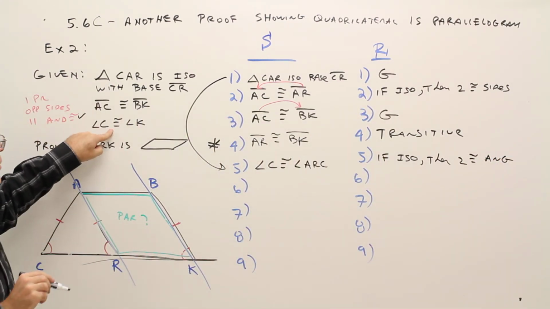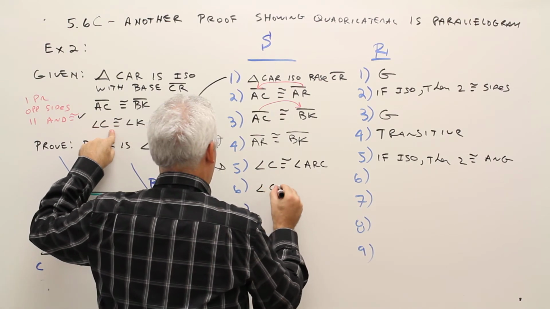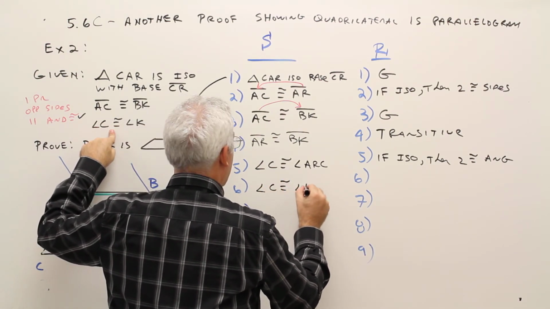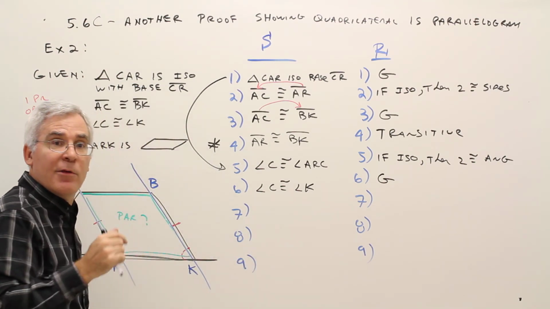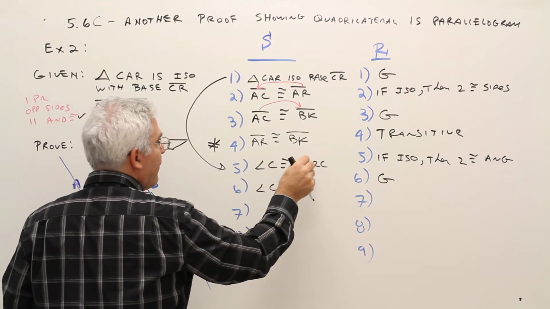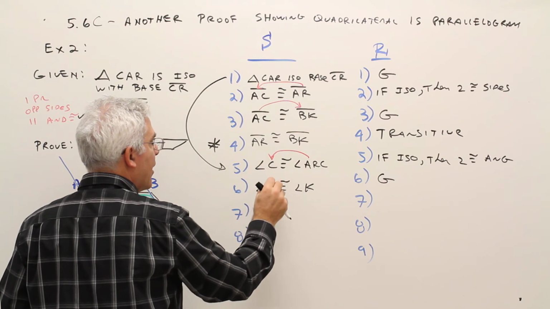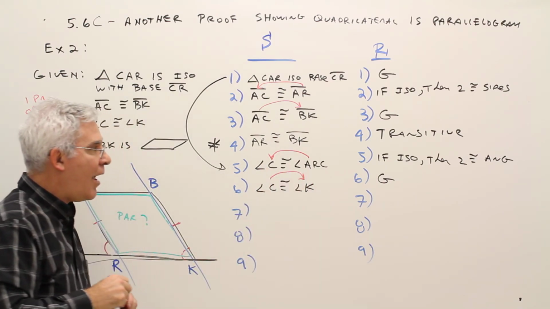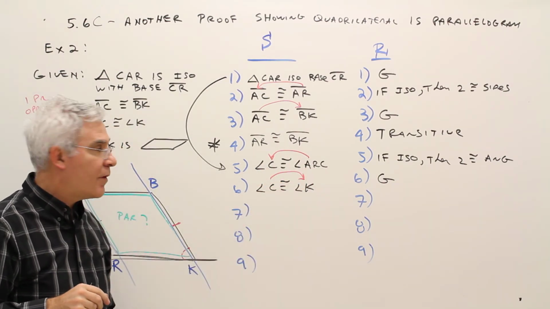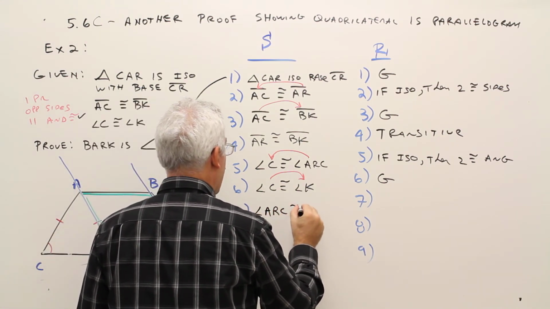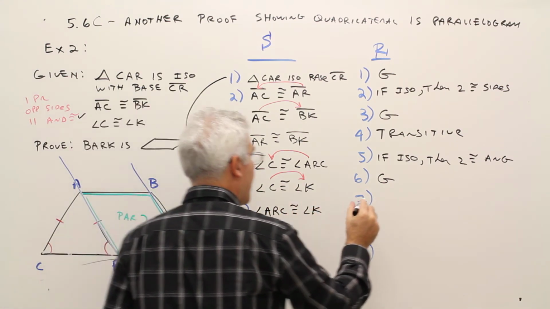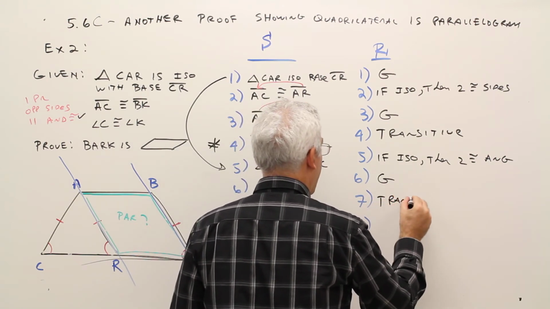Okay, then I'm going to use this over here. Angle C is congruent to angle K. That was given. And again, I'm going to use the transitive. If ARC goes to C, and if C goes to K, then ARC goes to K. Angle ARC congruent to angle K by transitive.